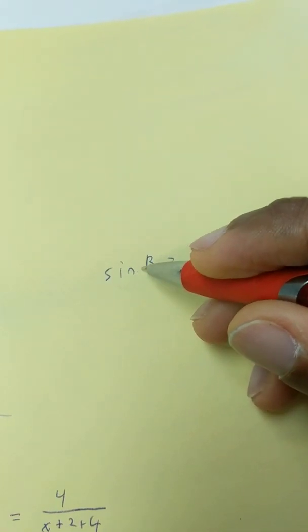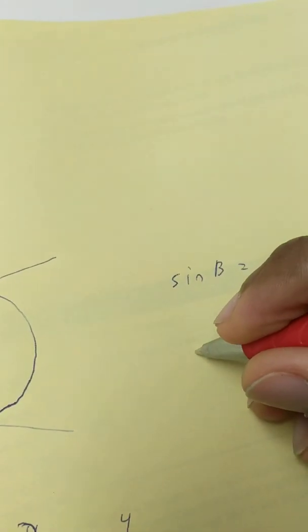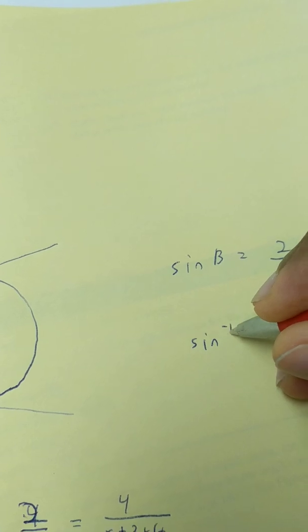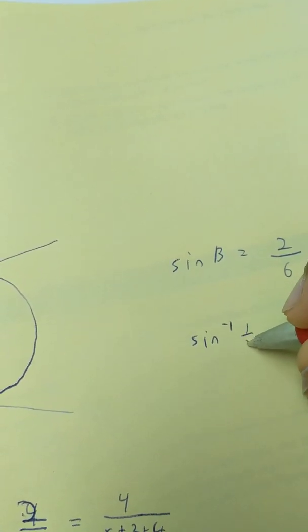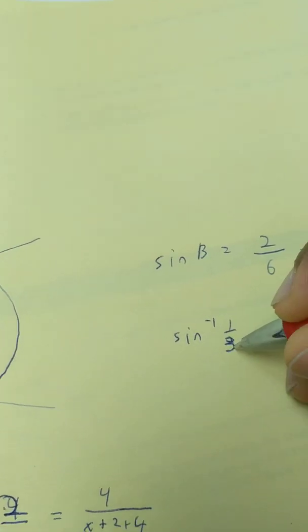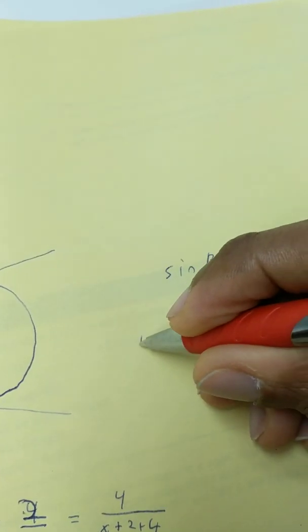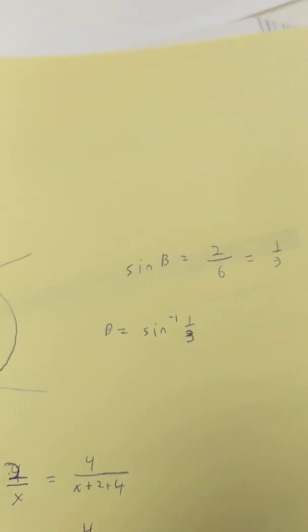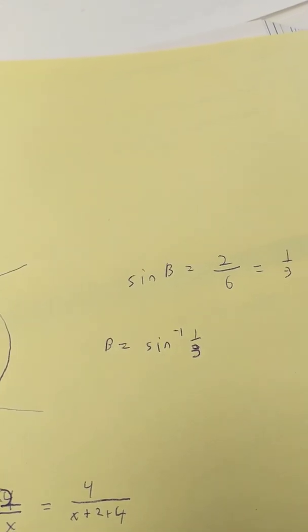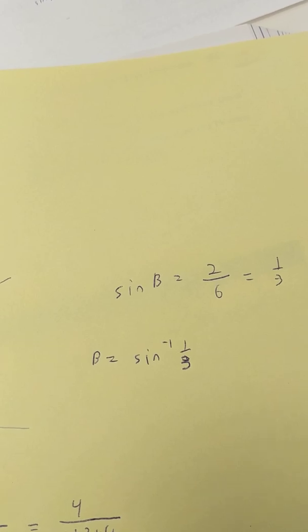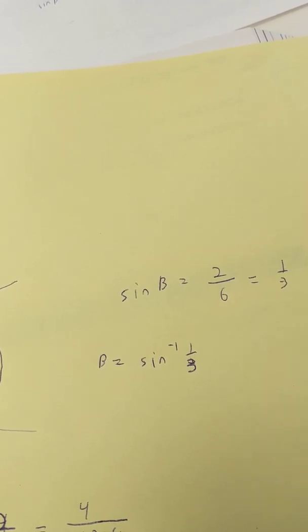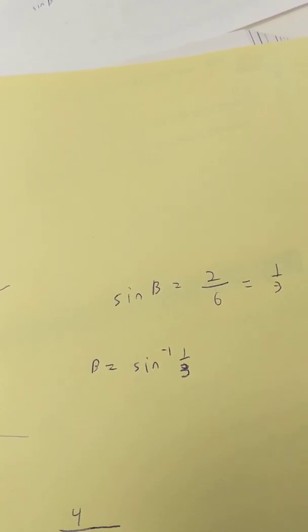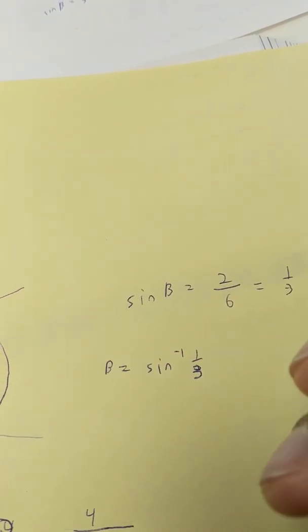And if I do an arcsine of 1/3, I end up with arcsine of 1/3 equals 19.5 degrees.